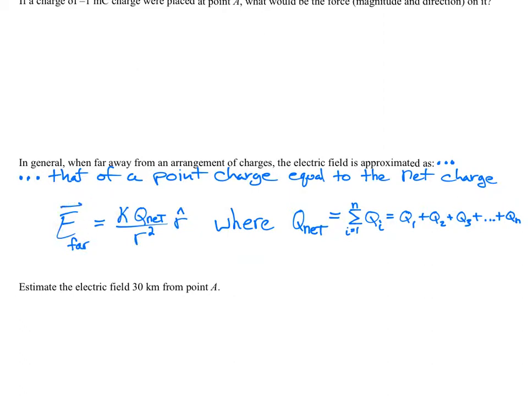It's going to be in the r hat vector direction, although you can just think of it as pointing away from a positive net charge and pointing towards a negative net charge. And the net charge is the sum of all the individual charges, so Q1 plus Q2 plus Q3, all the way up to Qn, which would be your last charge, and that's why it's also the upper limit on our summation symbol. So that's all for this page.